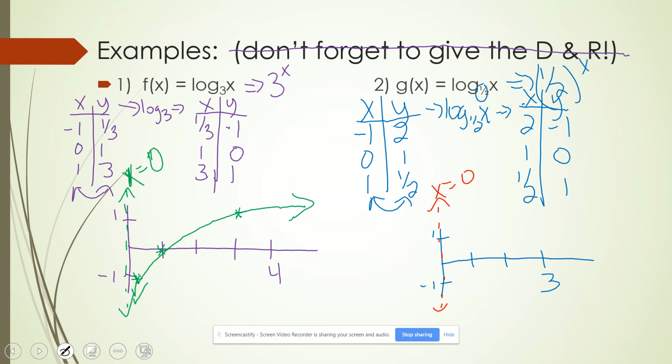So we have x equals 2, y is equal to negative 1, 1, 0, and 1/2, 1. And there's our graph. Notice it goes the opposite direction because our base in this case is between 0 and 1.